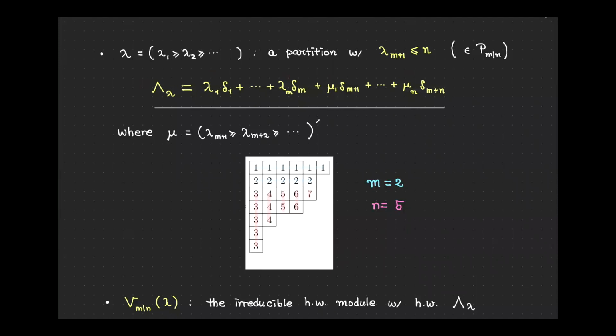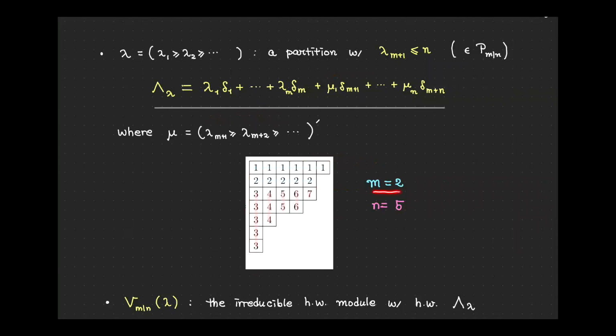For the first m parts, the coefficients are given by the first m parts of the partition, and for the other parts, the coefficients are from the conjugate of the remaining parts of our partition. For example, when m is 2 and n is 5, then this partition is a (2|5)-hook because it fits into this hook. Then we determine the weights in this way.